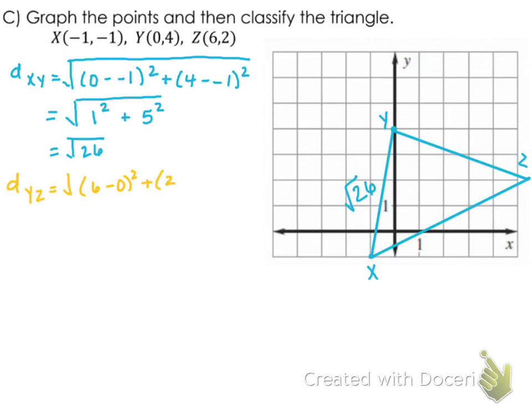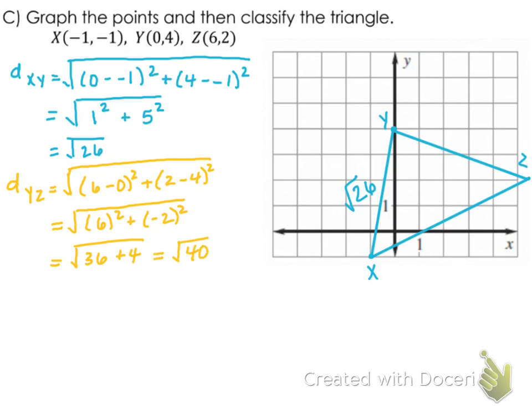Now I have the distance of segment YZ. I plug in those points to my distance formula, which for a refresher is x2 minus x1 squared plus y2 minus y1 squared. So I got the square root of 6 squared and negative 2 squared, which is the square root of 36 plus 4, which gives me the square root of 40.